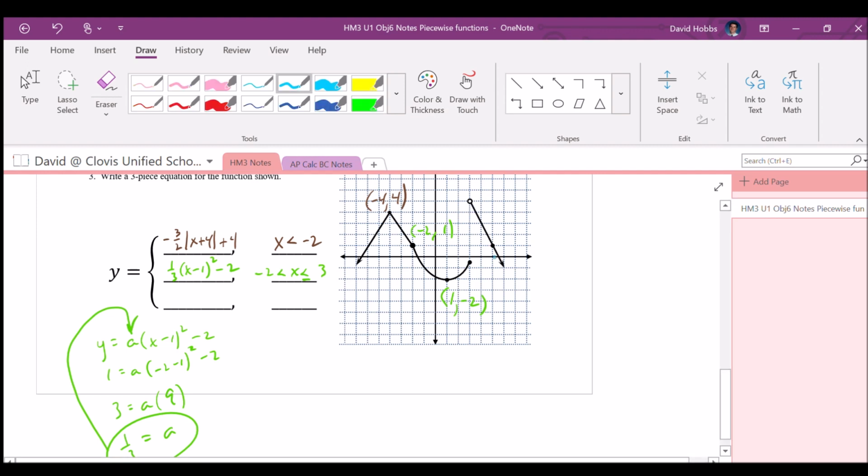The last piece is just a line, and what's the slope? We can count the slope. It's down 2 over 1, so the slope is negative 2. And for the point, all we have to do is just pick a point. What's a point that you want to put on there? To me, I think I want to plug in the point 5, 1.